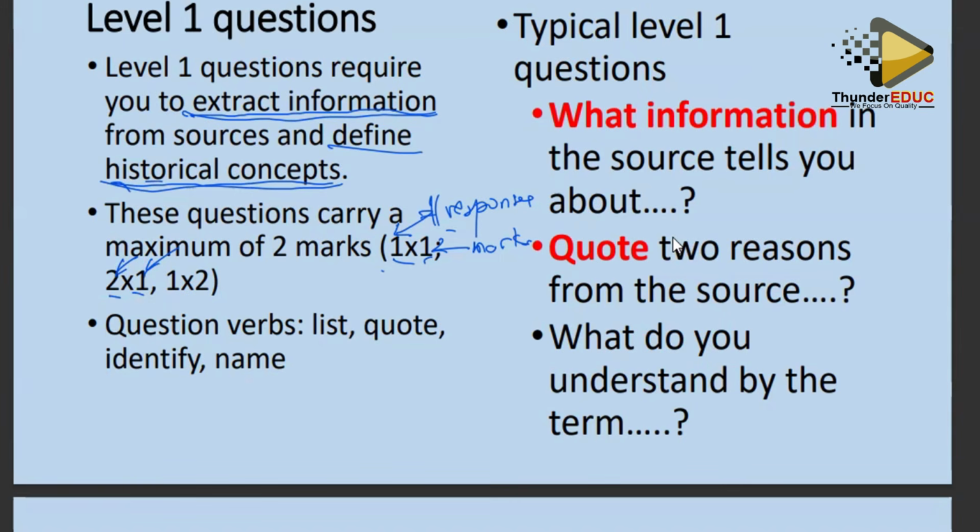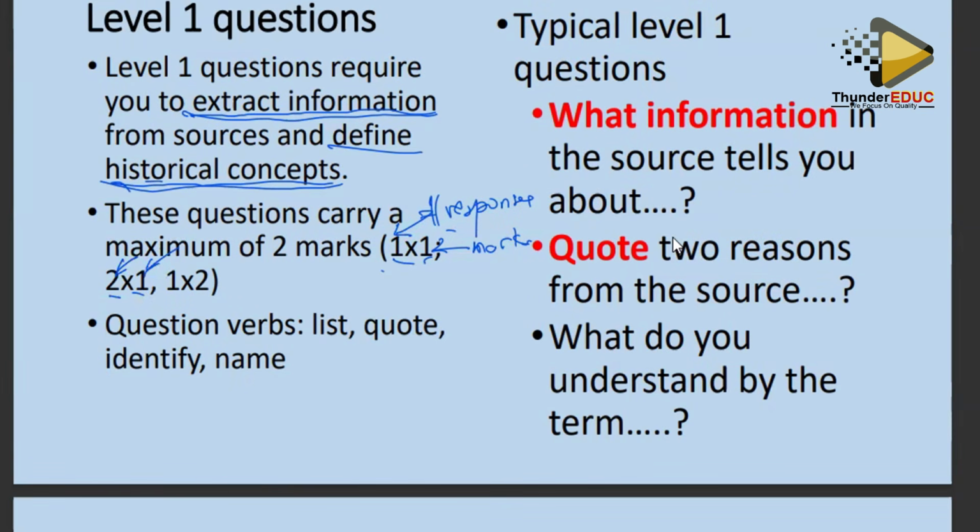If a question says, name 2 countries that were part of the communist bloc during the origins of the Cold War, or name 2 countries that shared Western Germany after the Yalta Conference, you are now naming. If it's a 2 by 1, you're going to give 2 responses, and each response has 1 mark.